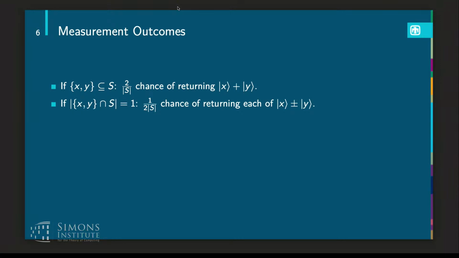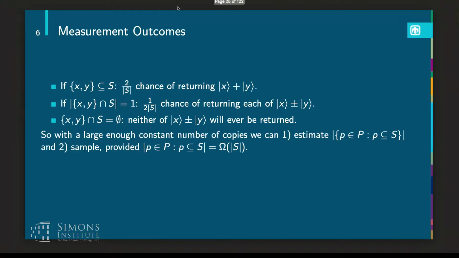On the other hand, if exactly one element of the pair is in S, then you'll have an equal chance of getting either x plus y or x minus y. And if neither x nor y is in S, then there's no chance of returning either, because there's 0 overlap with either of the corresponding vectors.